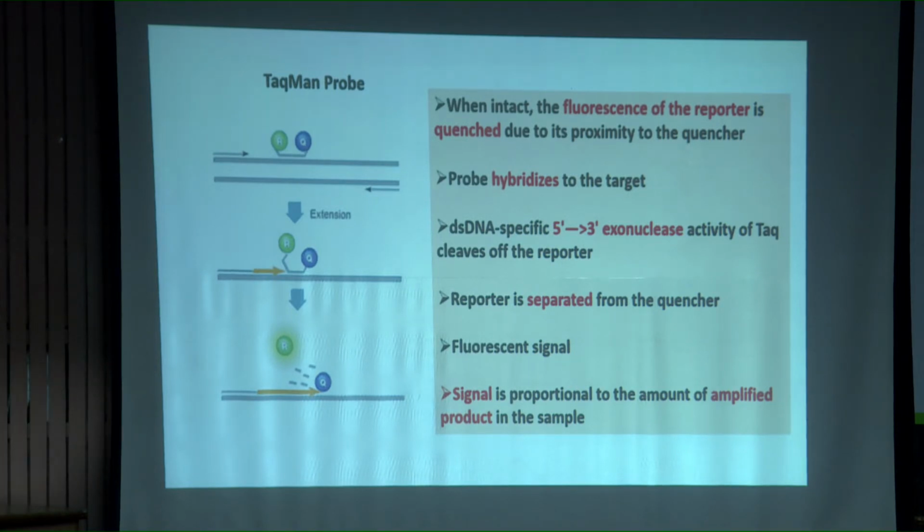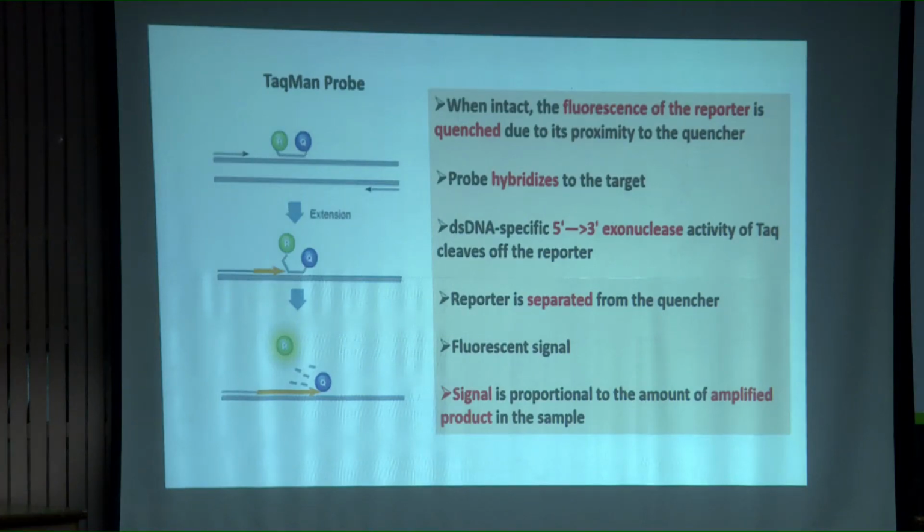What does it do actually here? Primer is bound, probe is bound, and the enzyme comes and extends the primer. In its path, it encounters the fluorescently labeled probe and strips off that probe. So the probe is disintegrated into nucleotides, fluorescent molecule, and quencher.